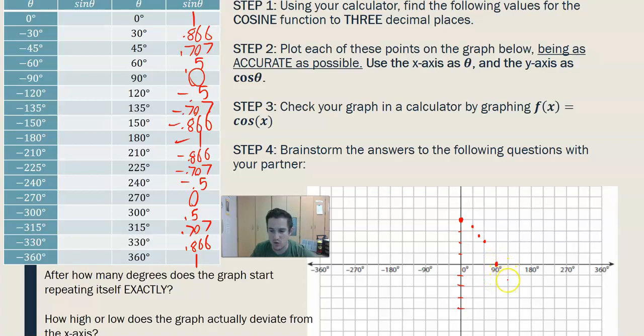Cosine of 120 is -0.5, and then -0.707, -0.866, and then -1. This isn't perfect science, but my cosine function is going to look something like that. If I keep going, my cosine function is going to look something like that. And guess what? On the other side, it's going to repeat and do the exact same thing.